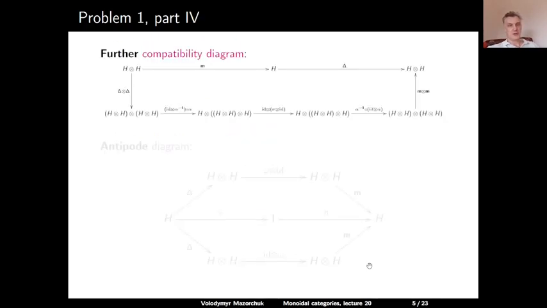So these are the second and the third compatibility diagrams. And we have one more compatibility diagram, which essentially says that multiplication is a homomorphism of coalgebras and comultiplication is a homomorphism of algebras.